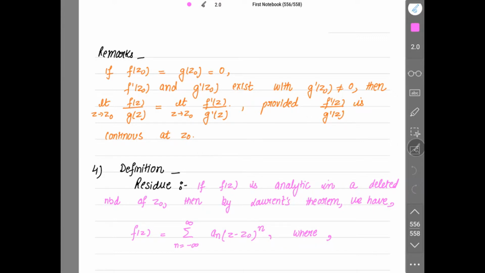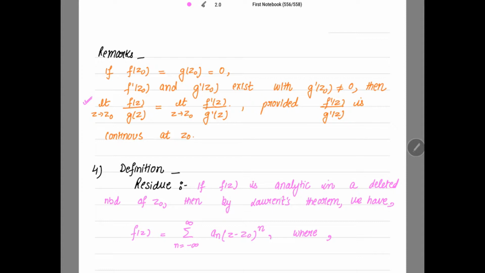So this ratio must be continuous, then you get their limits to be equal, the ratio of their limits.